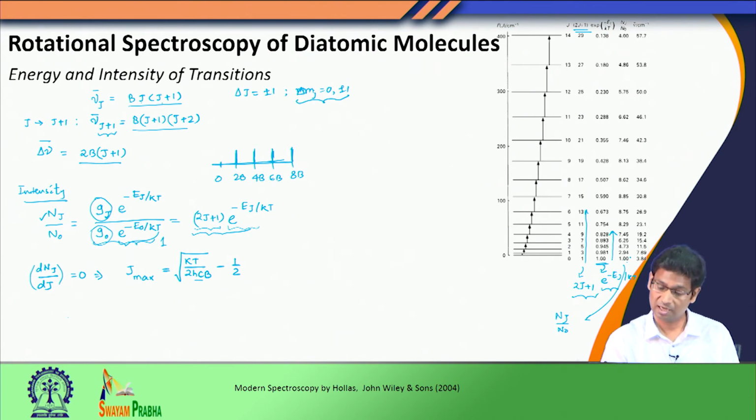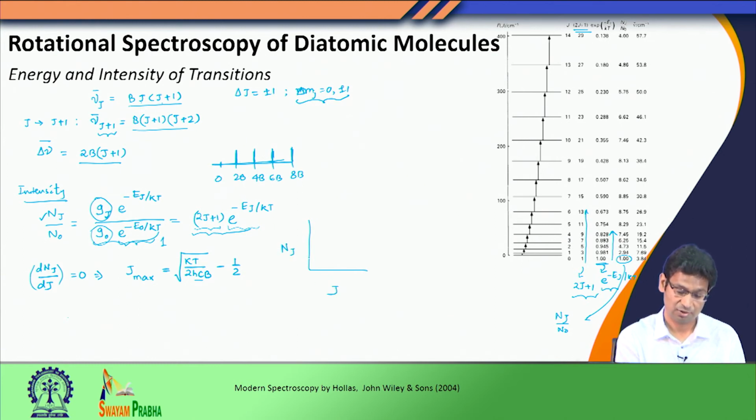For J equals 0 it starts from 1, and you see that it increases to 2, 7 point something, 8, 8.75, 8.85, and then it starts decreasing. So, I see that the 7th level has the maximum population, and further the population decreases.